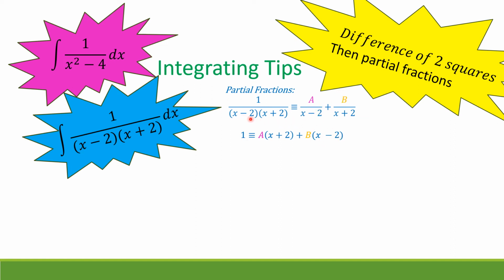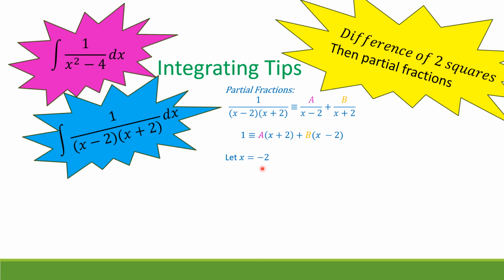So the denominators of both the fractions will be exactly the same, and these x minus 2 and x plus 2 on both sides can disappear. So I've got 1 is identically equal to a times by x plus 2 plus b times by x minus 2. Now the easiest way to find the values of a and b are to let x equal different values.